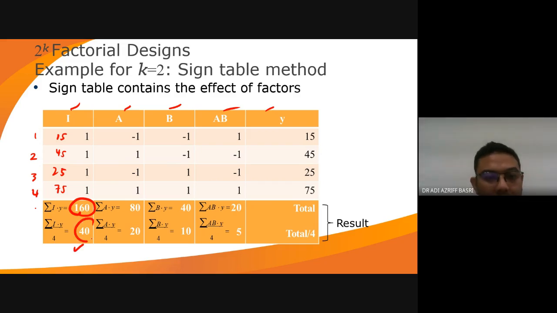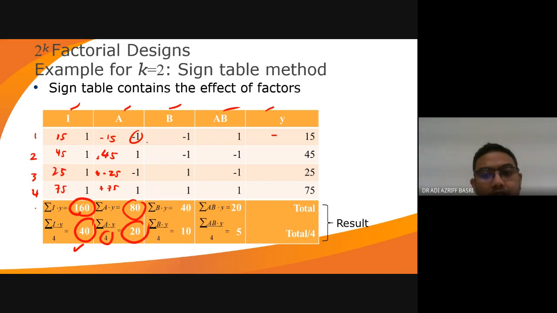So same like this, negative 15 because negative 1 times 15. Okay. Then plus 45 minus 25 plus 75, we get 80, divided by 4, we will get 20.